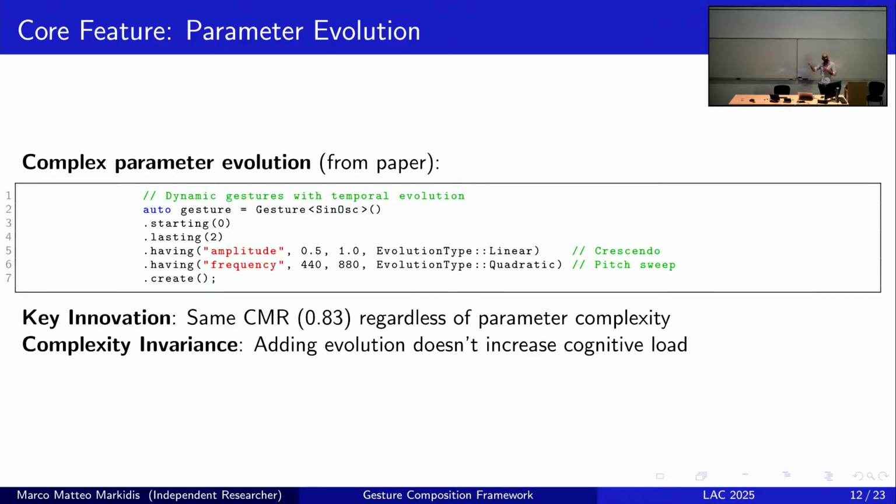So in this case, the fact that I'm expressing a temporal evolution of my parameter does not introduce any new complexity, because the number of code constructs introduced is nothing new, since even before we had a temporal evolution that is static. In this case we add it, but we have no significant shift.